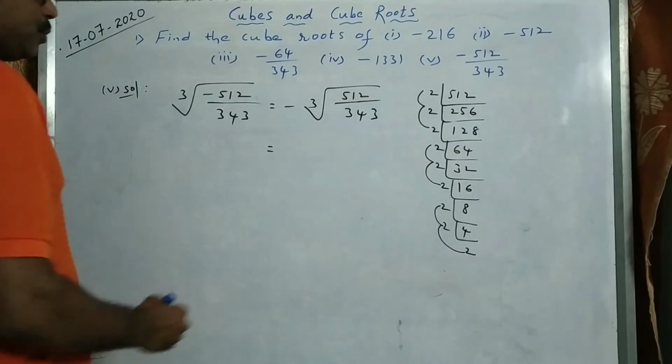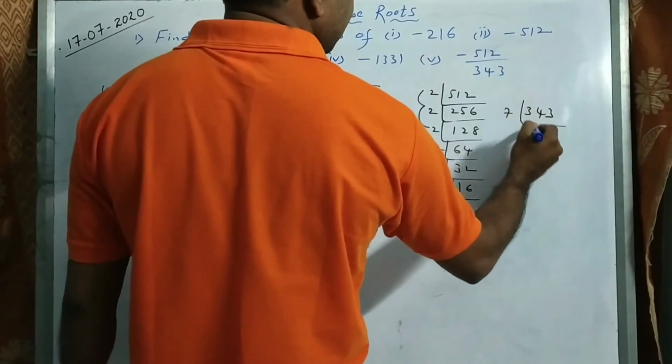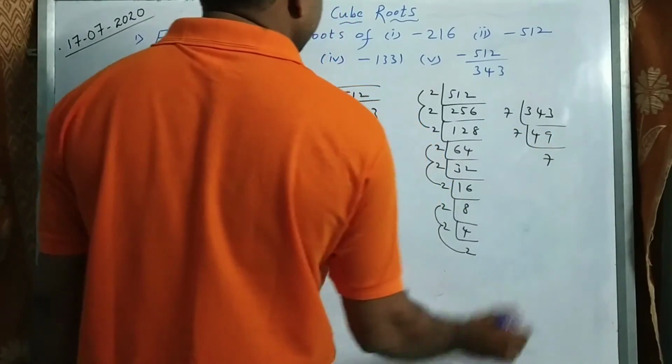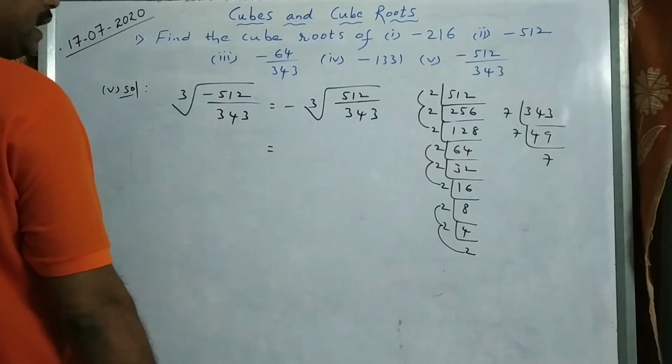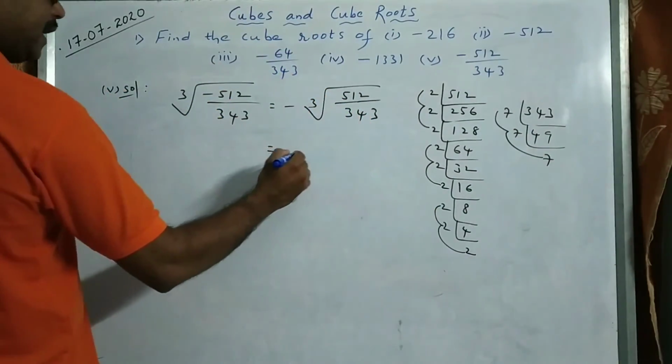See, perfect cubes. Now 343, how do we write? 7 fours are 28, 7 sevens are 49, 7 sevens are 343. Okay? Here already we got 343, right? So how do we write now?